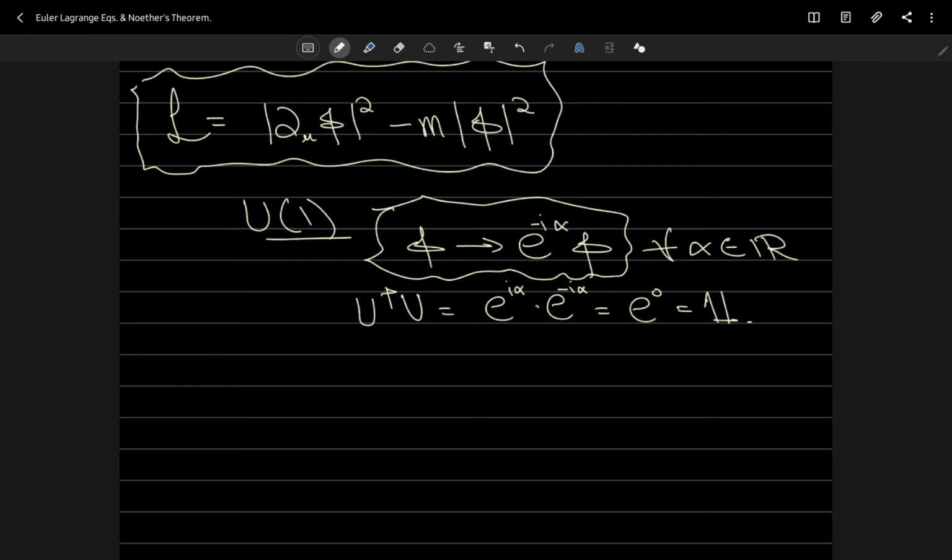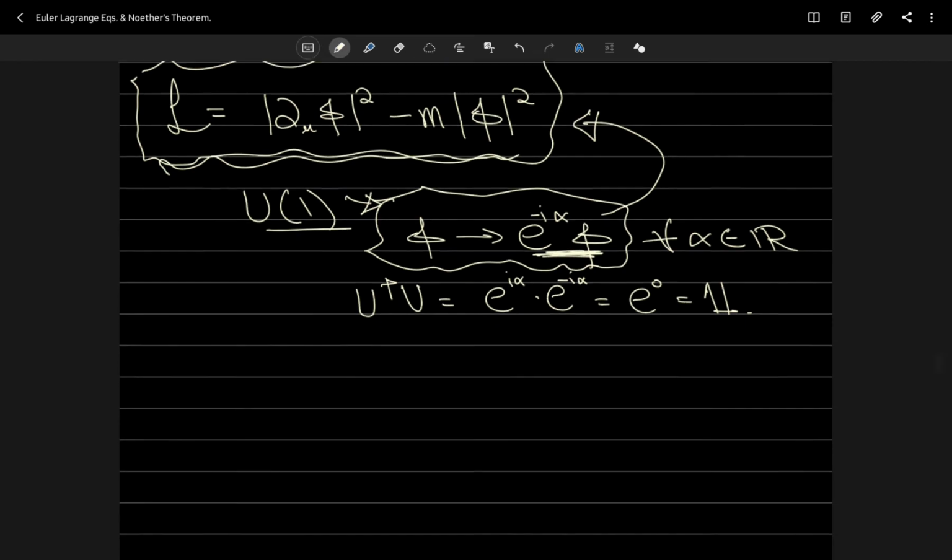You could do that as an exercise yourself. Take this field and substitute it in this Lagrangian, and you will see that you get back the same Lagrangian that we have over here. Now this transformation of the field is known as a symmetry of a Lagrangian if it leaves your Lagrangian invariant.